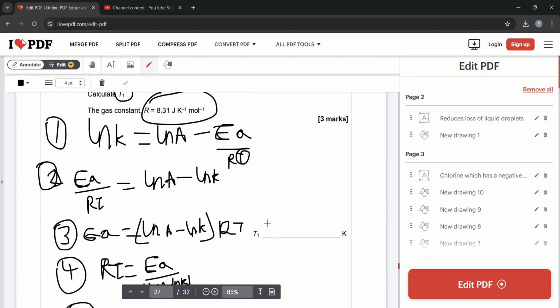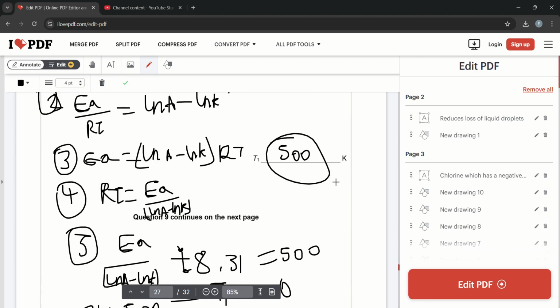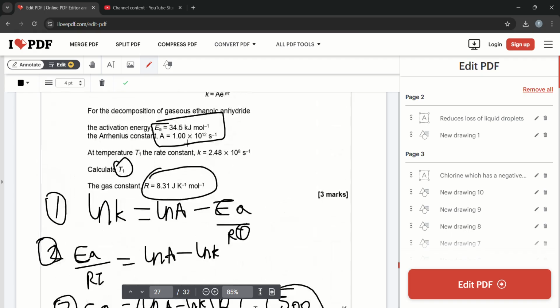Therefore the temperature T1 is 500 Kelvin. We don't need to add 273 because it's already in Kelvin.